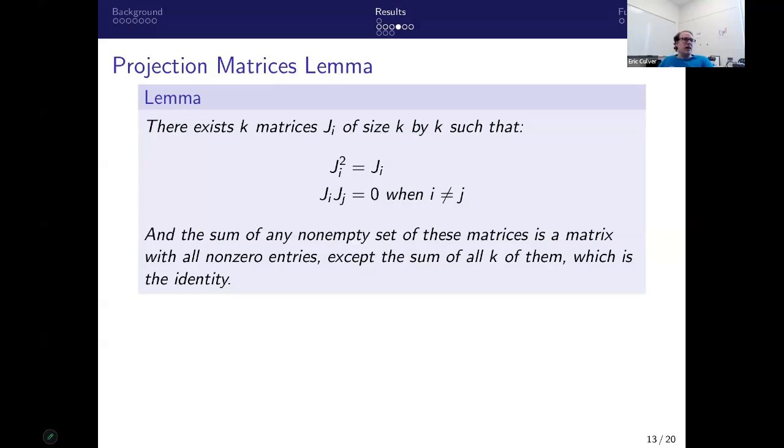And so there's a lemma that I'm not going to prove, but is proved in the paper, which is on the arXiv, and will hopefully be published soon.